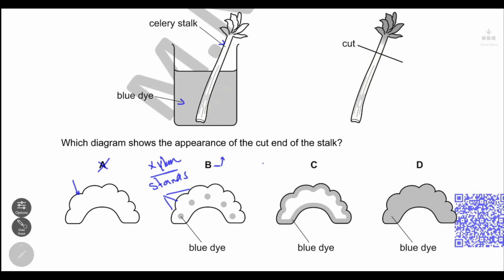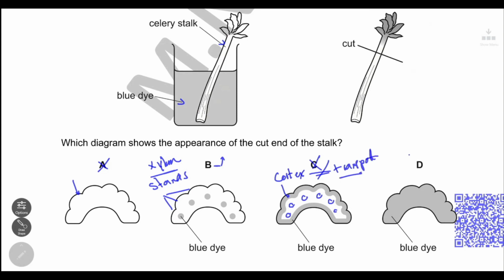Yet, we can judge the rest of the options. C, just in the outer layer, and in the places that are supposed to be the xylem, nothing is being transported. Surely it is incorrect. Why? Because this layer is the cortex, and the cortex is not responsible for the transportation of water.